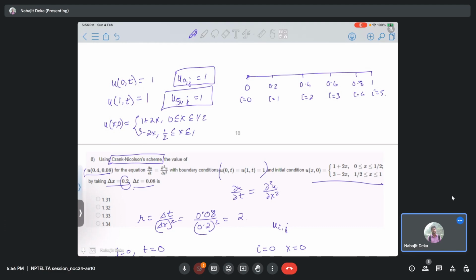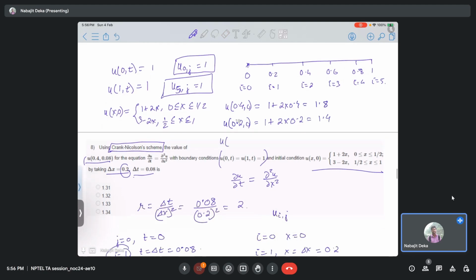So if we check here, u 0.4 comma 0 will be 1 plus 2 into 0.4, which is 1.8. Then u 0.2 comma 0 will be 1 plus 2 into 0.2, which is 1.4.